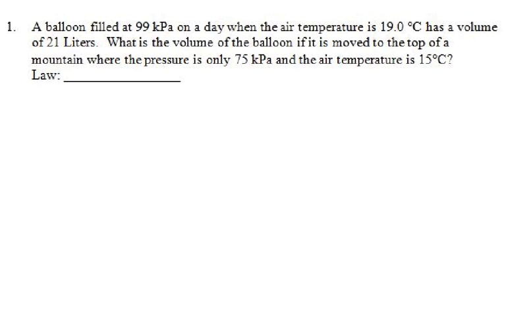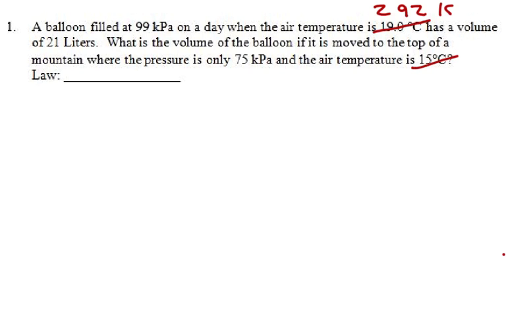First thing to do is to sort out this problem and find out what we have available to us. If I say I've got 19 degrees Celsius, immediately I'm going to change that into Kelvin. So I take that temperature and add 273. 273, that's almost 20, so it'd be 293 minus 1, 292 Kelvin.